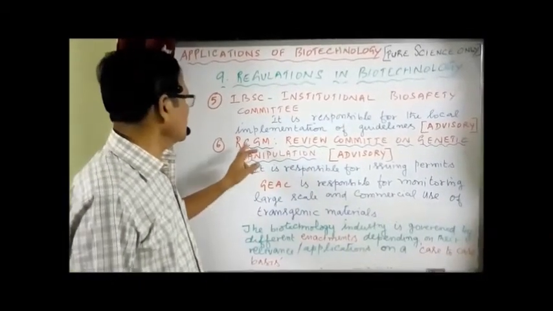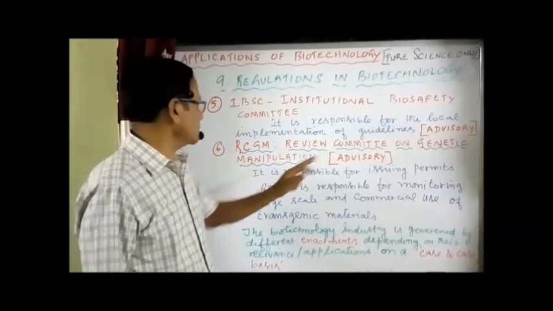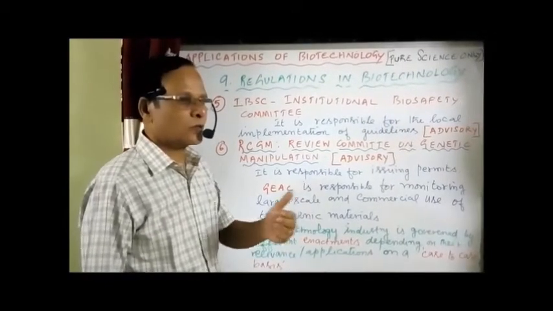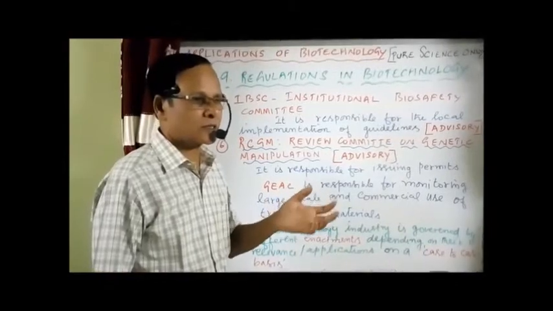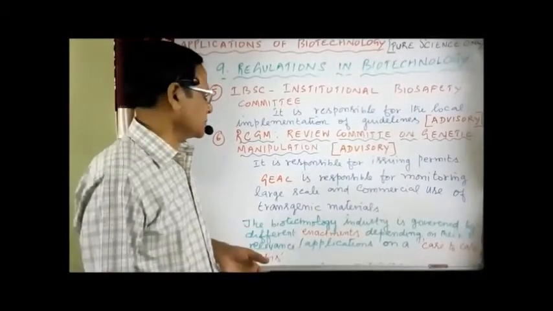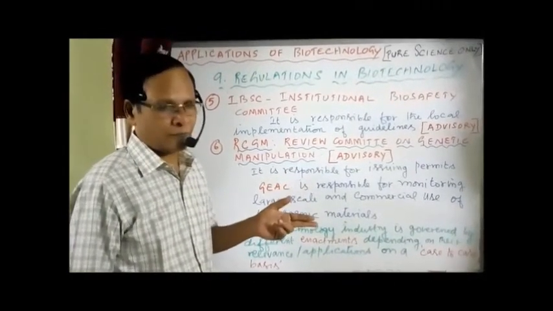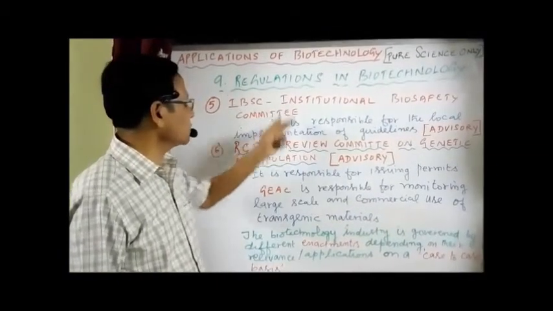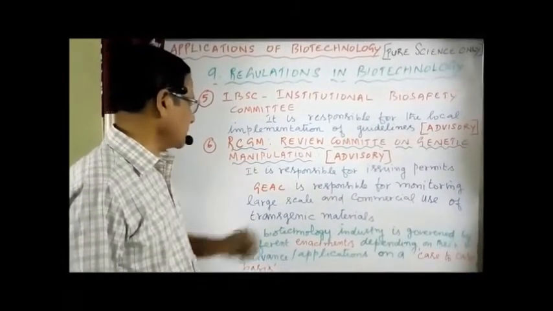Now RCGM, the Review Committee on Genetic Manipulation. They have to undergo review about genetic manipulation. I mentioned already addition, deletion, etc., to produce a transgenic organism. So it is an advisory committee. It is responsible for issuing permits, whether something has to be implemented or not. These are important committees, IBSC and then RCGM.